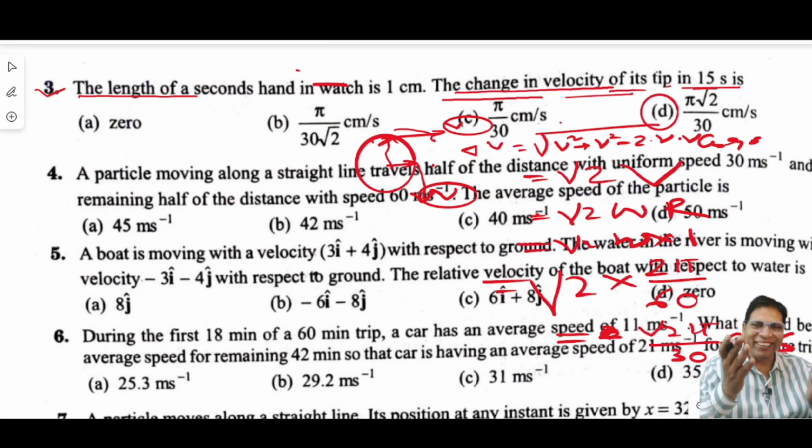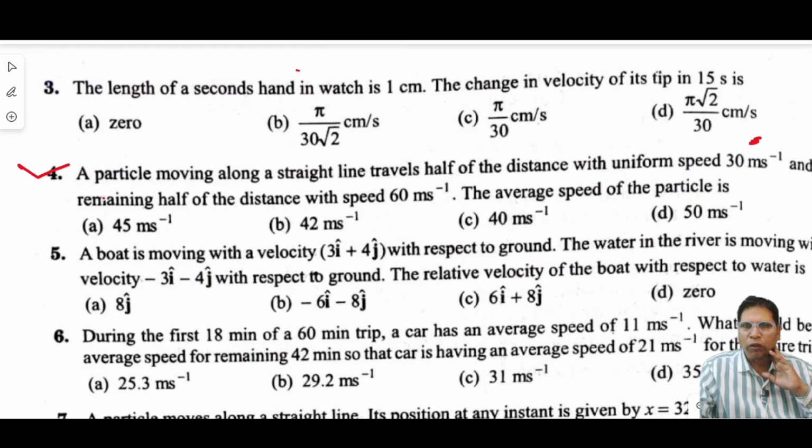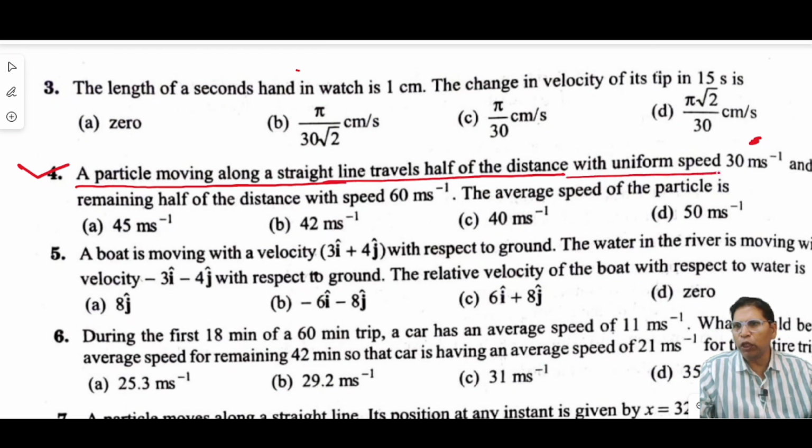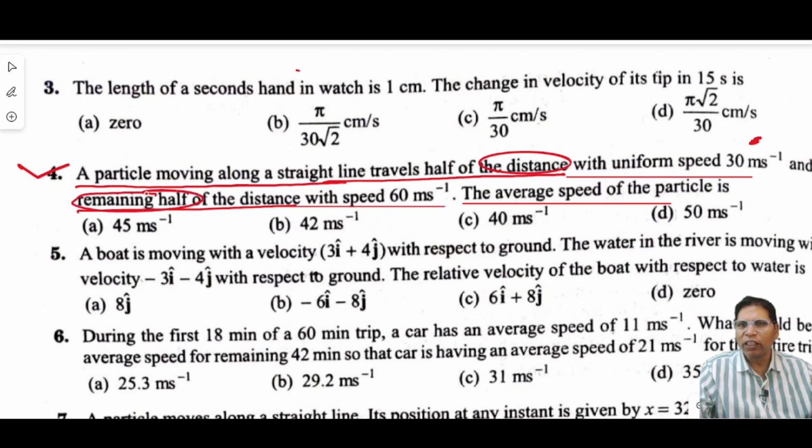Okay, understood. Next. Now question number 4. A particle moving along a straight line travels half of the distance with a uniform speed of 30 meter per second, and for the remaining half of the distance the speed is 60 meter per second. The average speed of the particle. Look at this, here the distance is the same. For the same distance, the average velocity is 2 v1 v2 divided by v1 plus v2.